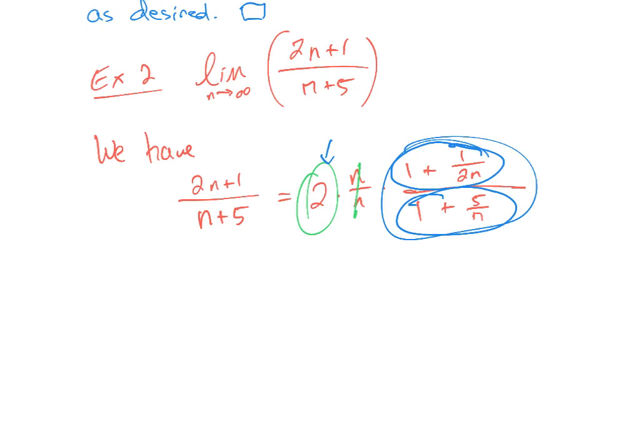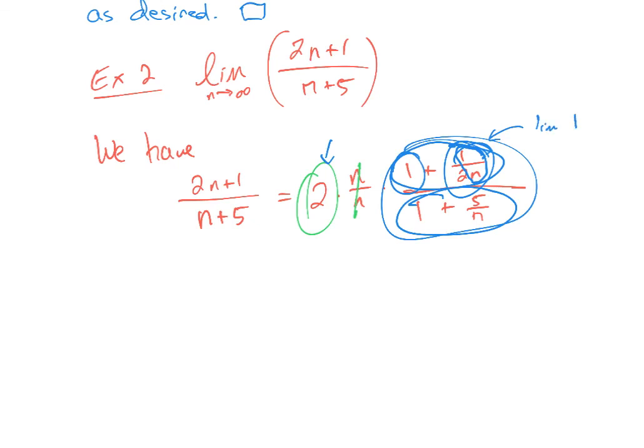If we want to further break it down using that theorem, the limit of the numerator is 1 plus the limit of the sequence 1 over 2n. Let's break it down one more time. The limit of the sequence 1 over 2n is 1/2 times the limit of the sequence 1 over n. And we did the limit of the sequence 1 over n at the beginning of class. Okay. So here in the numerator we get a limit of 1.